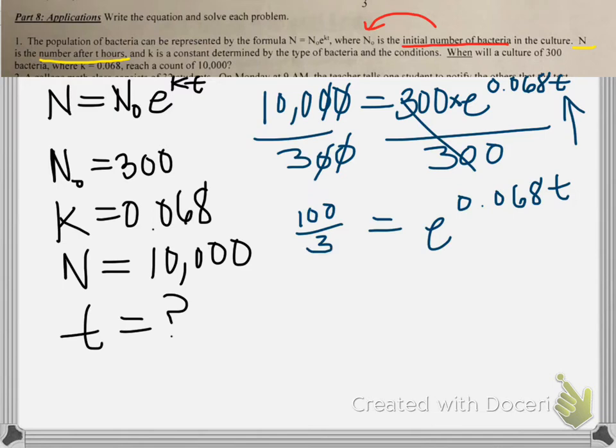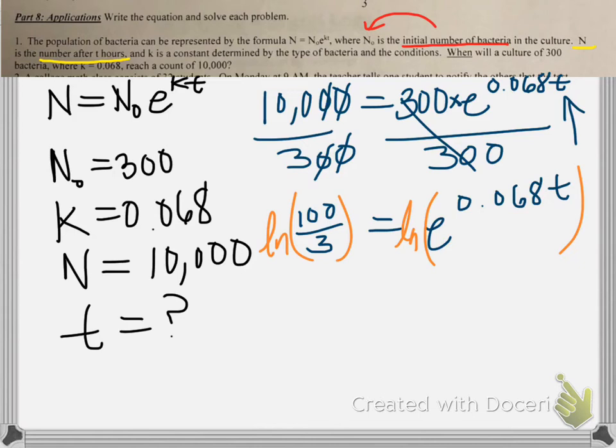And now I can get rid of this e, right? This is where we start using the natural log. The reason why we would use the natural log is because it gets rid of the e. So we're going to use ln on both sides.